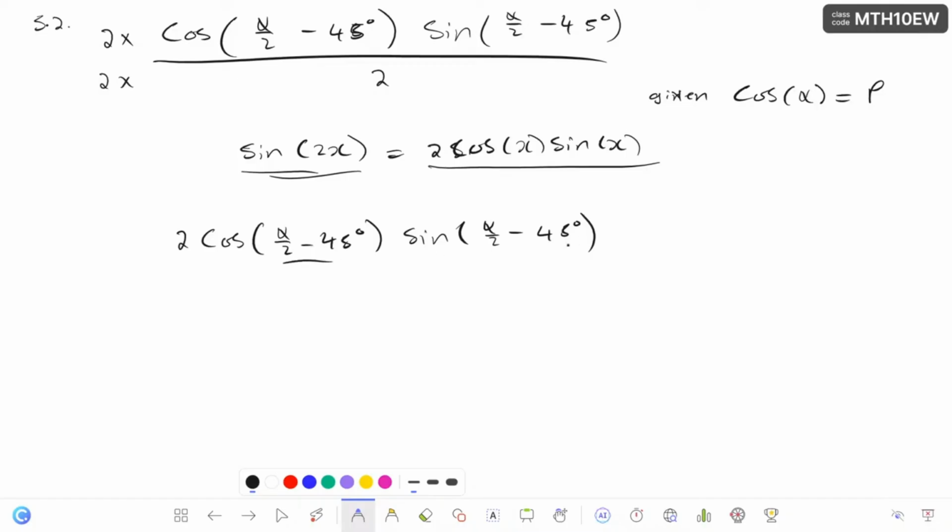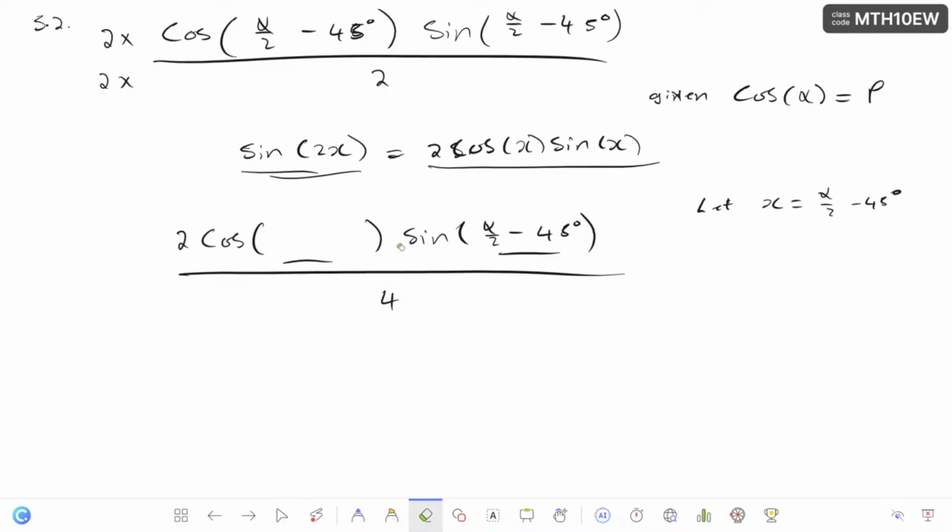So this one is like one angle. This one, it's one angle. So here is over 4. So I said this one is one angle. So, okay, let me say let x equal alpha over 2 minus 45 degrees. I want to show you something. So here is x, here is x. So this one is the same as this one.